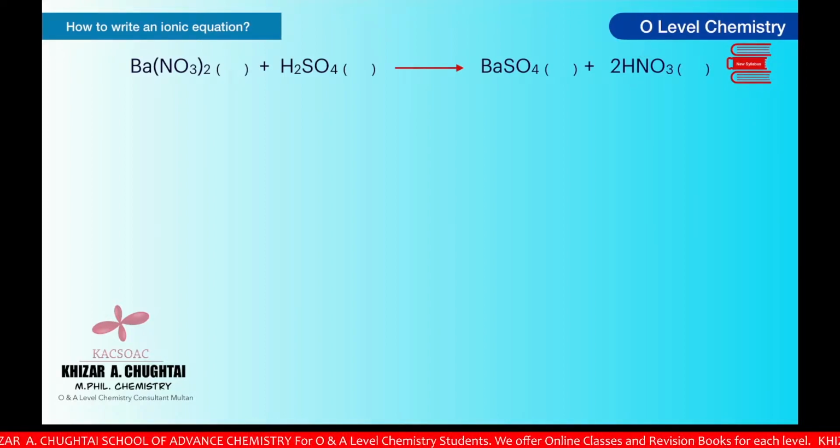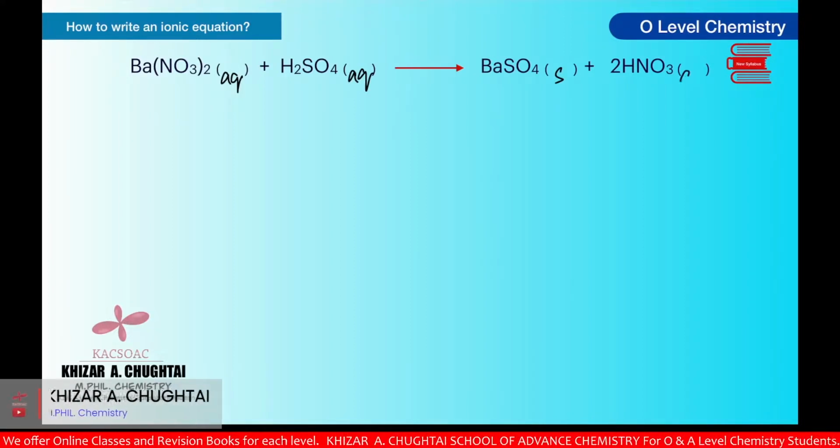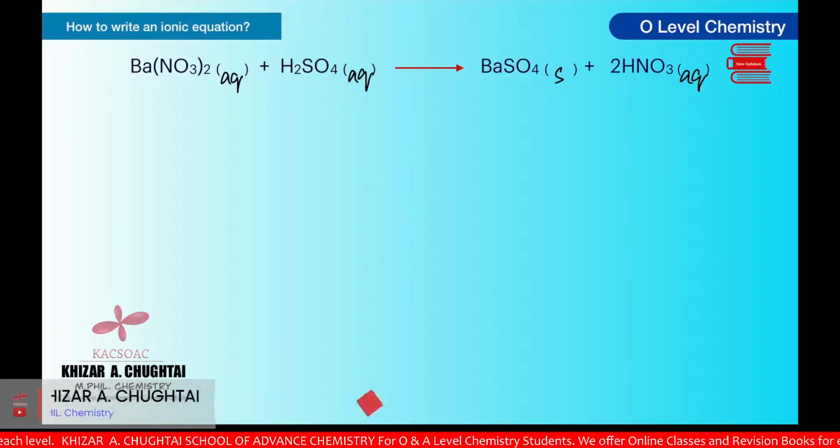I am going to mark the state symbols according to the nature of solubility: aqueous, aqueous, solid, and aqueous. Now the next step is to change these aqueous compounds into ions if there is a possibility of formation of ions.